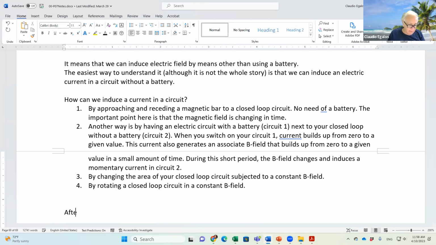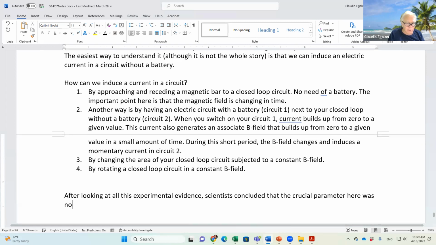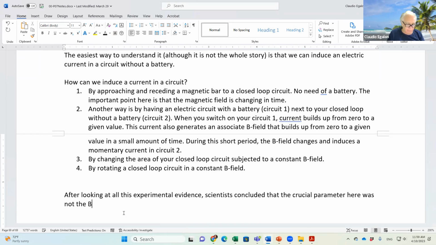After looking at all these experimental evidences, scientists concluded that the crucial parameter here was not the magnetic field alone.